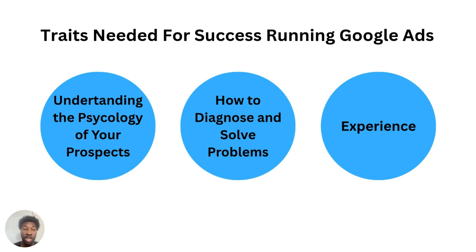That way you can put that in your ads, your headlines, your website, your landing page, and it'll help with conversions tremendously. The next thing is you need to understand how to diagnose and solve problems that come up. So you need to understand the root cause of issues that are coming up and how to solve them. That's what we'll do at the end in the troubleshooting and throughout the video. And then also experience, but that just comes with time, right? And following people like me is going to help you get that experience.